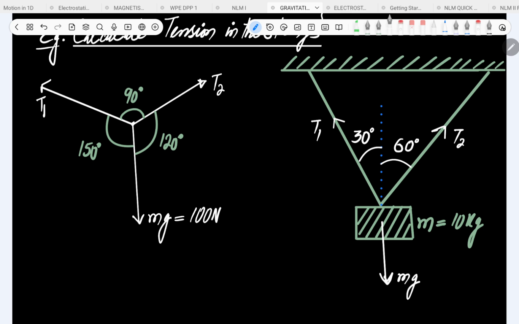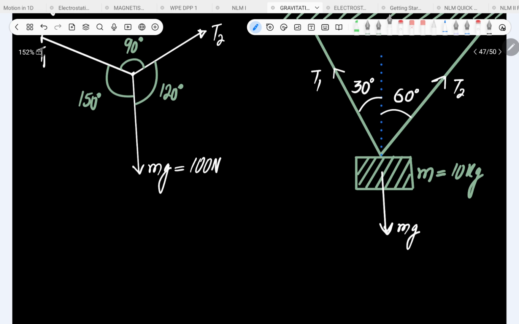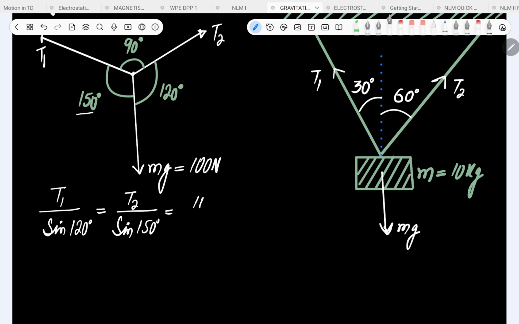So let's try to apply Lami's theorem. Lami's theorem is simply like this: T1 divided by sine of the angle opposite to it, which is 120, is equal to T2 divided by sine of the angle opposite to T2, which is 150, is equal to this force 100, and the angle opposite to 100 is 90 degree.